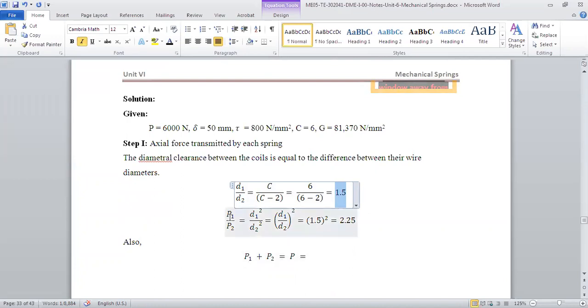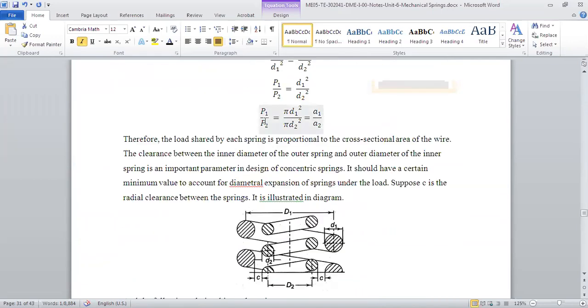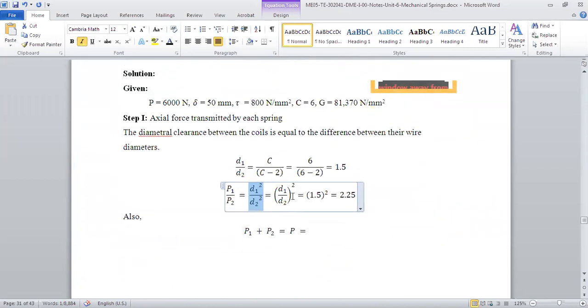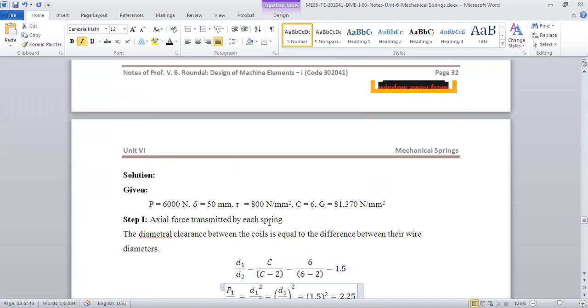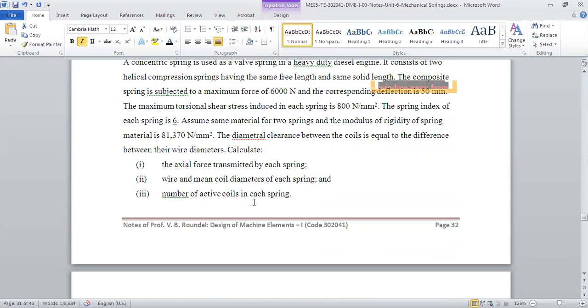P1 upon P2 is equal to D1 square upon D2 square, so 1.5 square is 2.25. So the outside spring will take 2.25 times the load of the inside spring. Inside is 2, outside is 1.